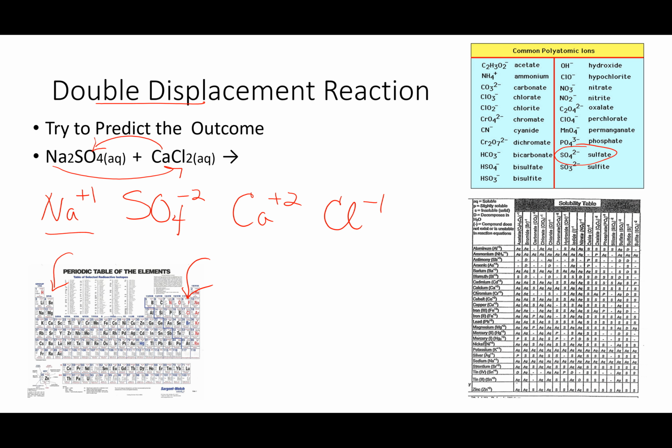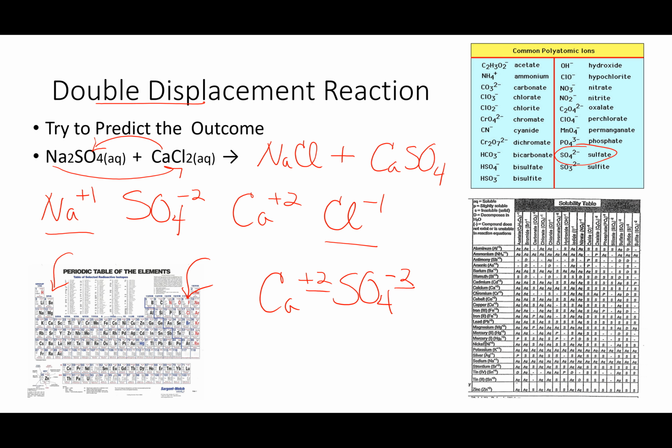So sodium chloride, we know that one. We know that's going to be NaCl. And calcium sulfate, calcium's +2, sulfate is -2. Both are 2, so that's going to be CaSO4. We know sodium chloride is aqueous because we just did that on the previous page.